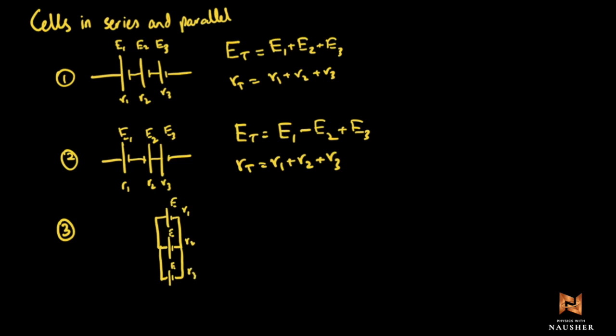R1, R2, R3 are the internal resistances of the cells. Now ज़रूरी नहीं कि बार बार वो डब्बा साइड पे अलग से बनाए, आपको इसको भी देख के पता चल जाना चाहिए. So the total EMF would be E, right? But what about the total internal resistance? Total internal resistance will be found out by 1 over R total is equals to 1 over R1 plus 1 over R2 plus 1 over R3.